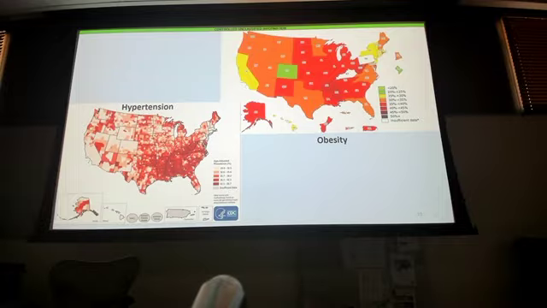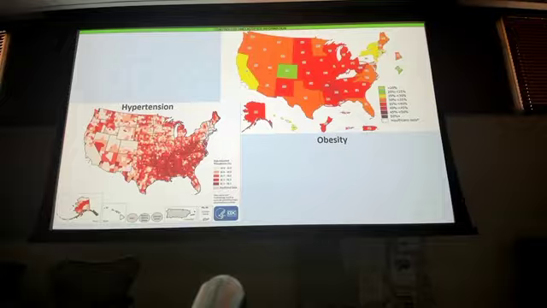Look at that obesity rate in that area as well. Kentucky and Pennsylvania, you need to do better. Even Guam can report their obesity rates, which is pretty amazing.